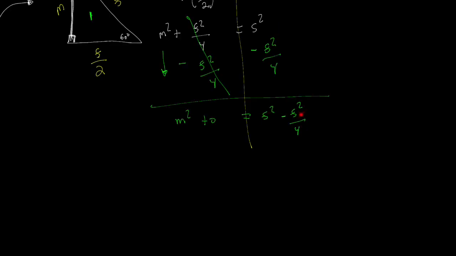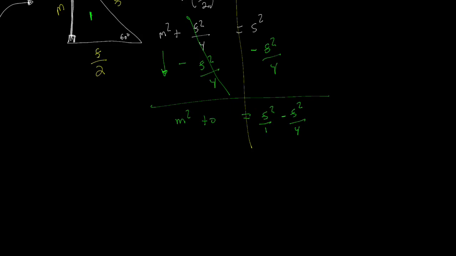I have common terms, but I don't have common denominators, so I'm going to transform this S squared into a fraction by dividing it by 1 and getting a common denominator of 4. I'm going to multiply the denominator by 4 and the numerator by 4.